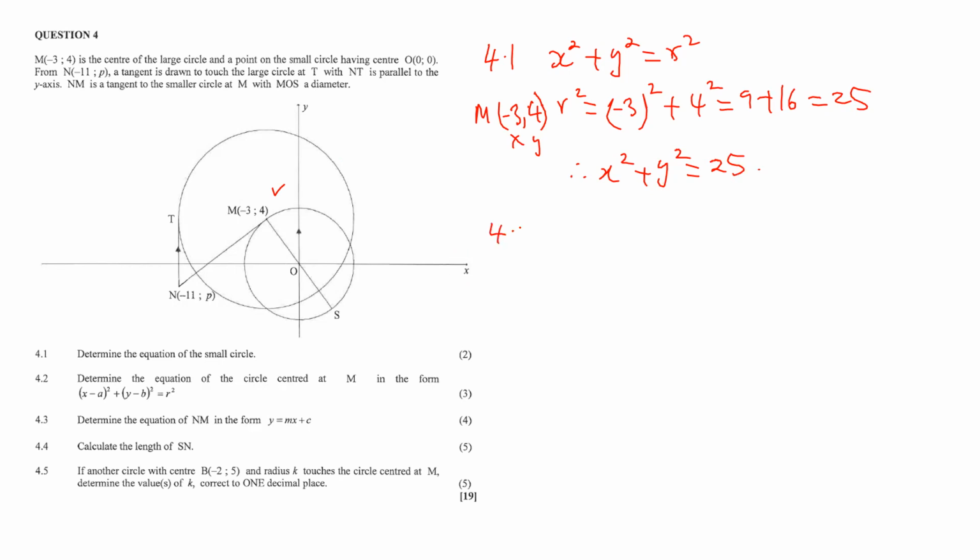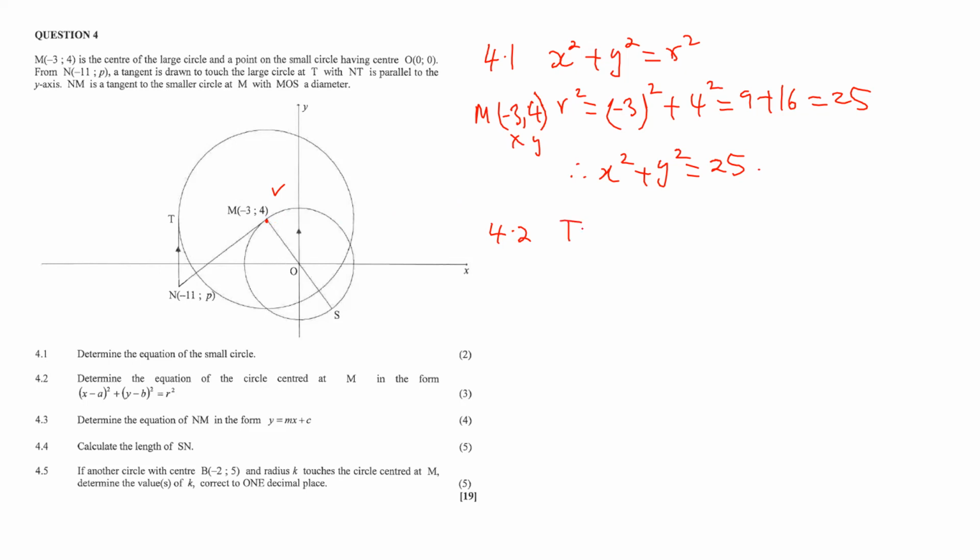So now you have 4.2. Determine the equation of the circle centered at M, in the form that M is the center of the larger circle there. Right, there are a couple of observations you need to make here.